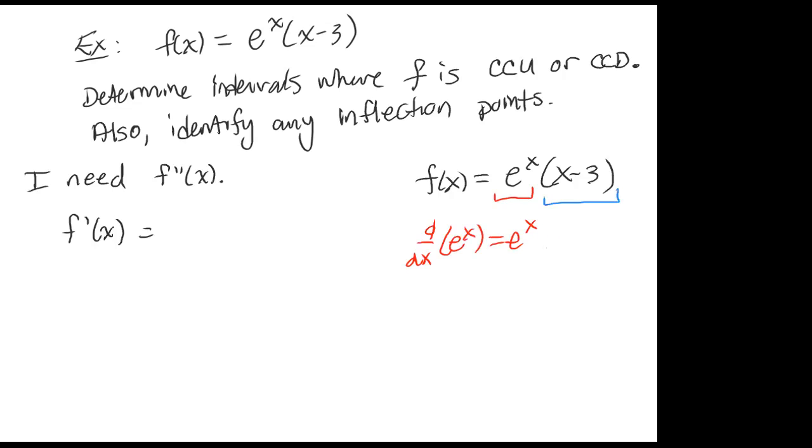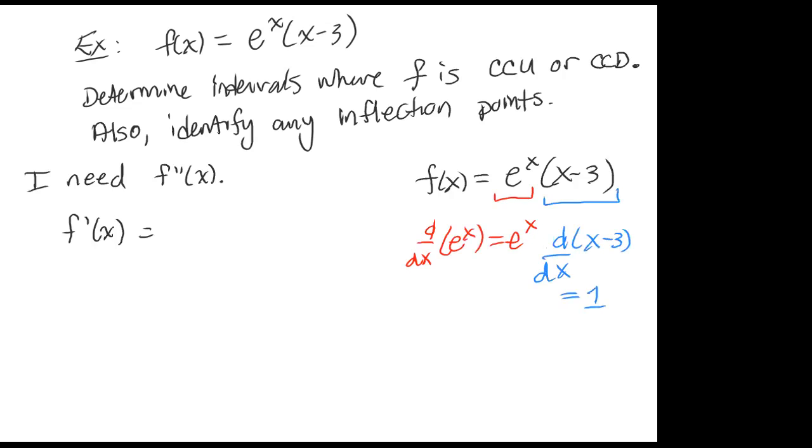And d dx of x minus 3 is equal to the derivative of x, which is 1, minus the derivative of 3, which is 0. Okay, so I'm going to put those together using the product rule.